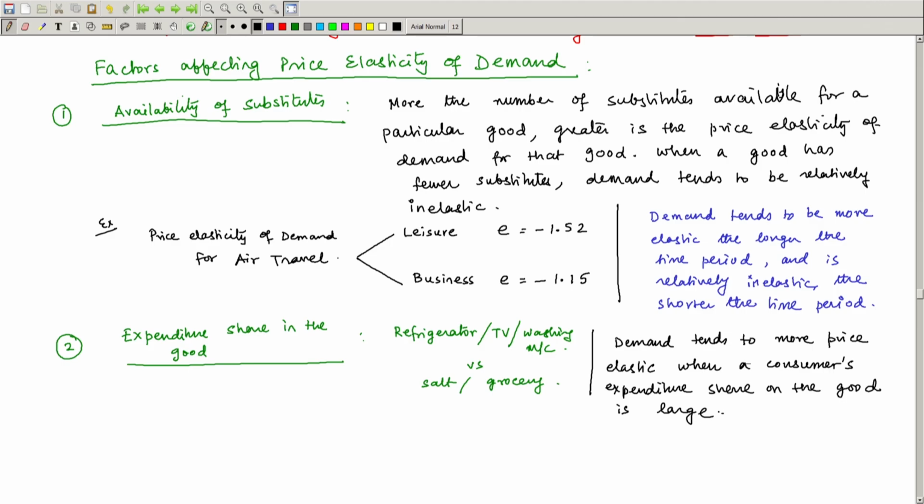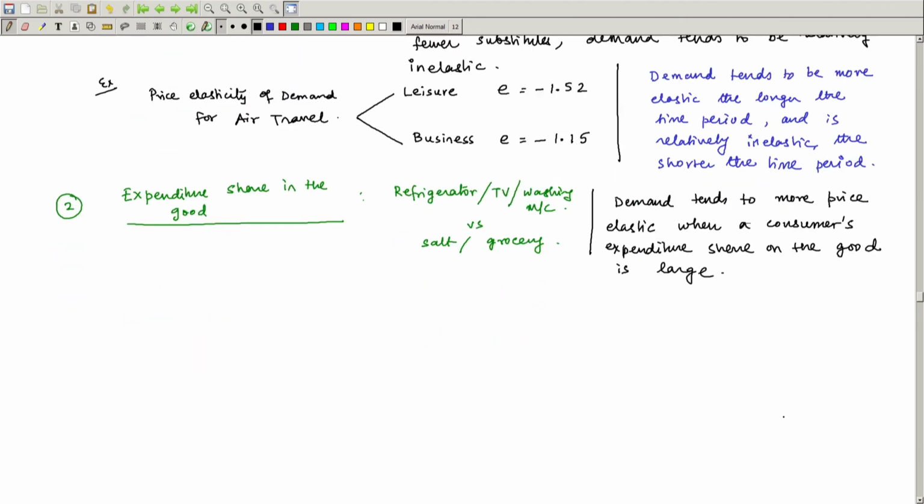So, when the consumer's expenditure share on the good is large, demand tends to be relatively price elastic. For goods like refrigerator, washing machine, etc., we would expect the price elasticity of demand to be more than 1. So, these are goods which are going to have elastic demand.